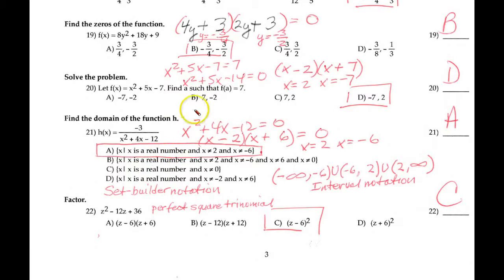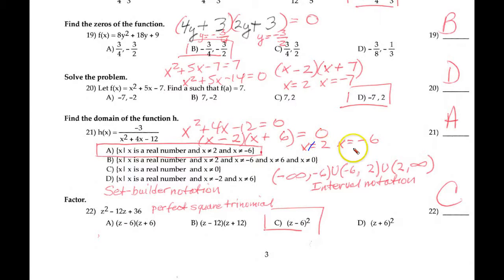As we do this, we find that for the domain, if x were a 2, that is, if we squared 2, we get 4. 4 times 2 is 8. 4 plus 8 is 12. 12 minus 12 would make this denominator a 0. So when we are defining the domain of this function, we cannot use a 2.